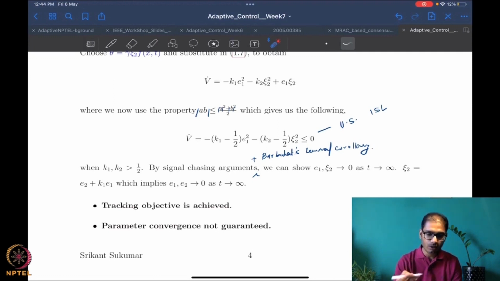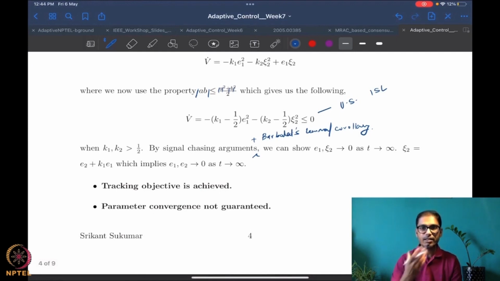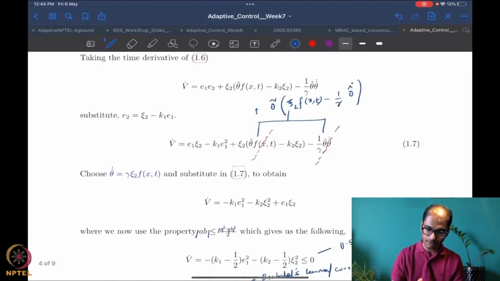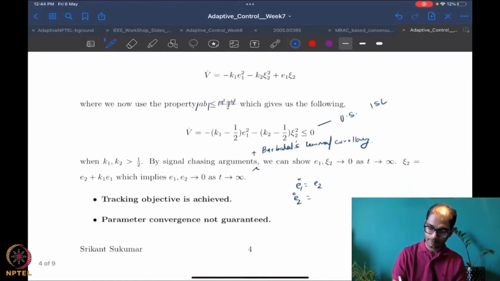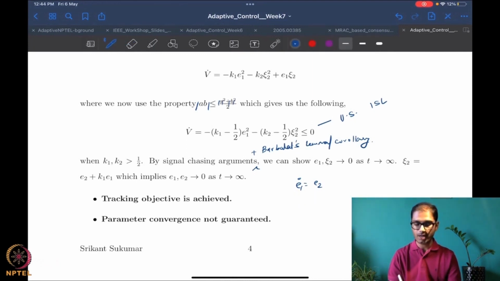So if you again look at the closed loop system, let's try to formulate it in terms of our persistence type results. Let's see what it looks like. Your closed loop system is E1 dot is E2, and E2 dot is, let's see. Actually, I'm going to write this in terms of Psi2, if you don't mind, because those are the new states.